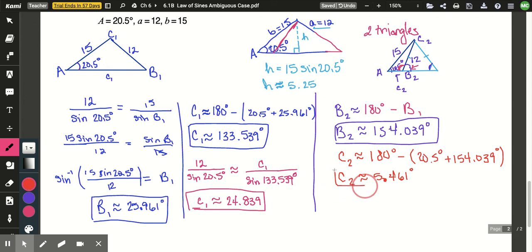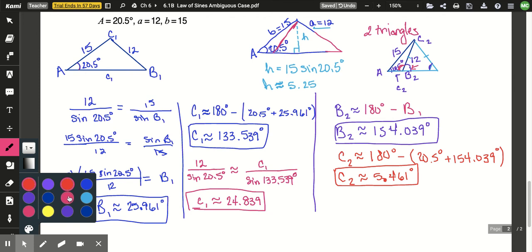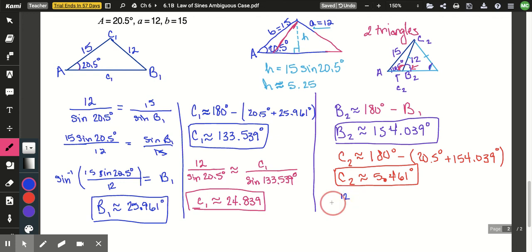Okay, so now I've got 2 of the 3 pieces of missing information from my second triangle. I just have one more piece to go. Okay, so the last piece is side C2. So to find that, I'm going to use law of sines, and I'm going to start with my given side and angle that are related.